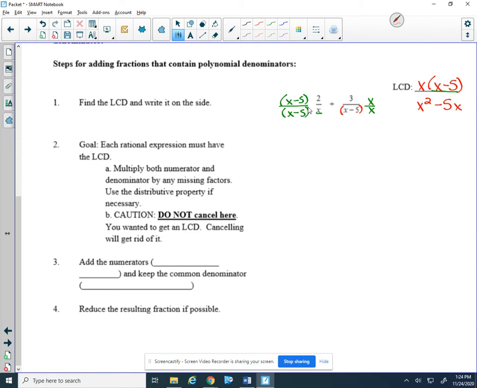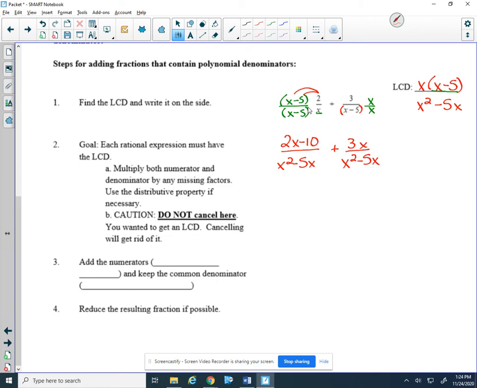So when we multiply this out, we get 2x minus 10 over x squared minus 5x, and here I have 3x over x squared minus 5x.